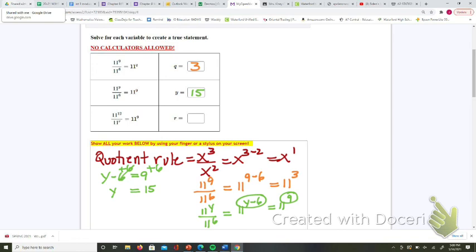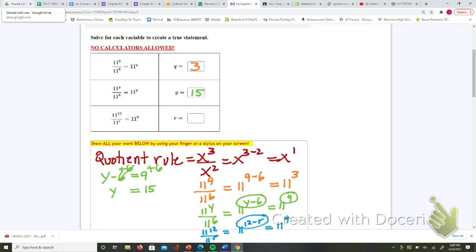Okay, and then the last one, we have 11 to the 12th over 11 to the r equals 11 to the 12 minus r, which equals 11 to the 9th.